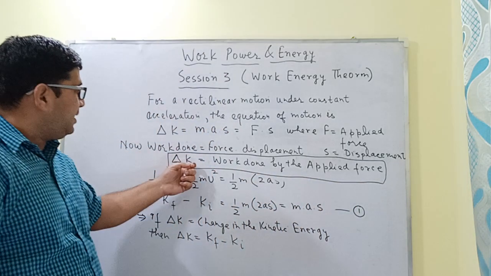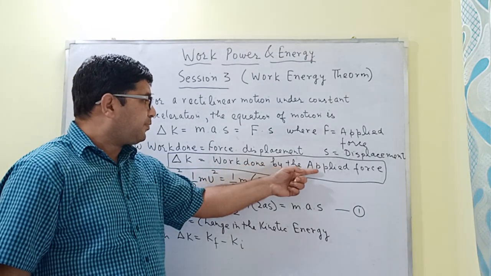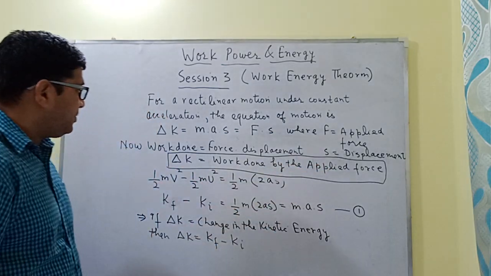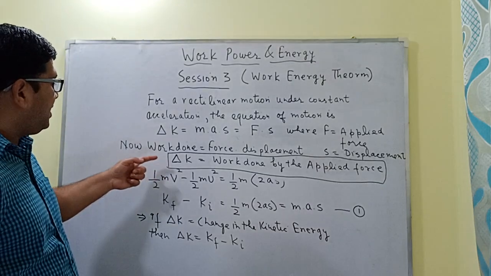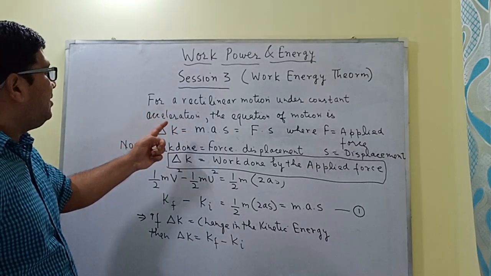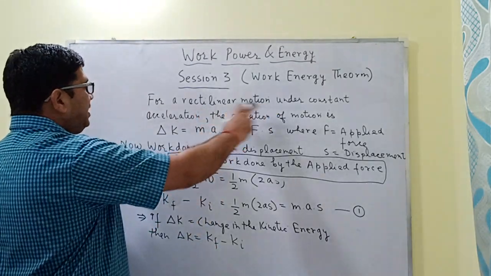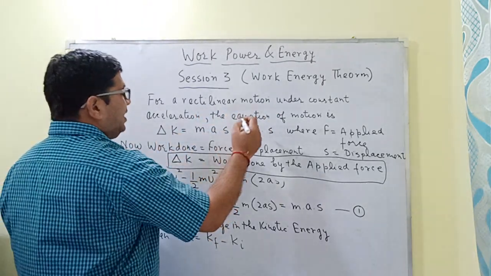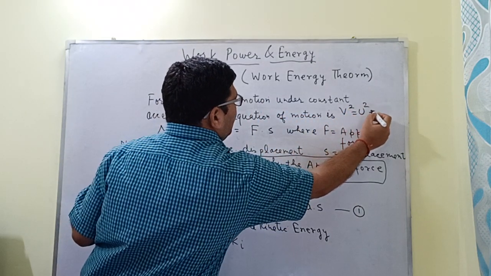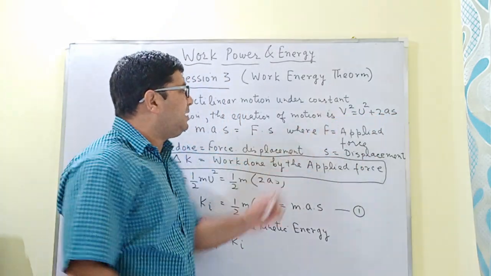So the change in the kinetic energy is equal to the work done by the net applied force on that particular object. So we have derived this work energy theorem by considering the equation of motion for a rectilinear motion under constant acceleration. That is, we have used the equation v square is equal to u square plus 2as. यही हमने यूज किया था. तो हमने क्या किया था, u square को हमने इधर ले लिया था.